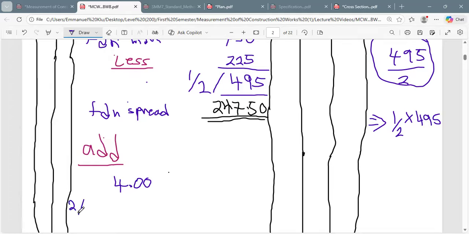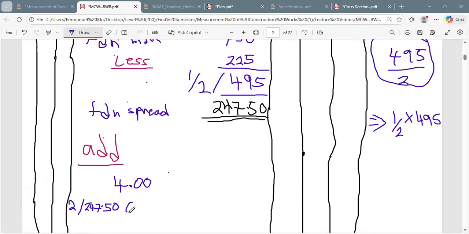So 2 times what? 247.50. At the end of the day, what are we going to get?